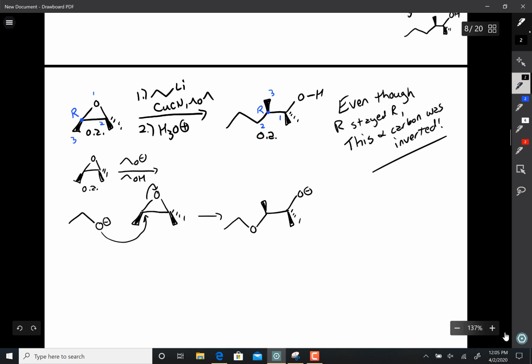And we get this mechanism right here. And then we protonate. Like that.